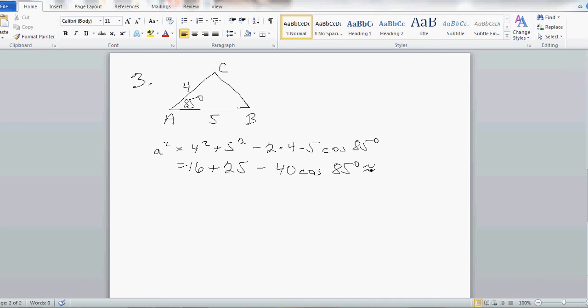And so a squared is equal to 37.51. And so to calculate what little a would equal, we take the square root of that, and get 6.1.